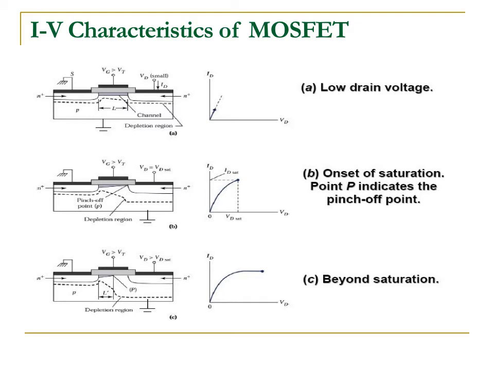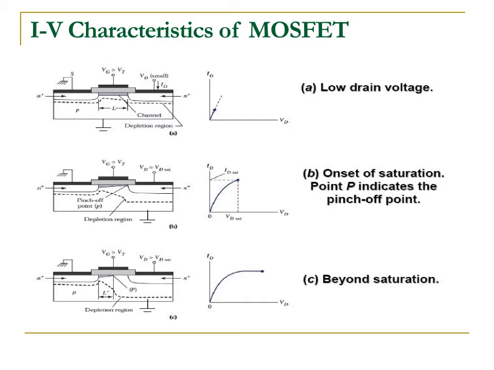This is how the IV characteristics of a MOSFET look, right? The first case is for a low drain voltage, and the second is the onset of saturation. The saturation point P indicates the pinch off point, and after that the C section indicates it's beyond saturation. So these are the three cases that are discussed.